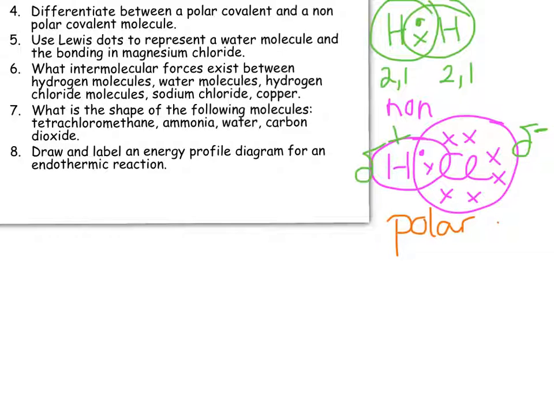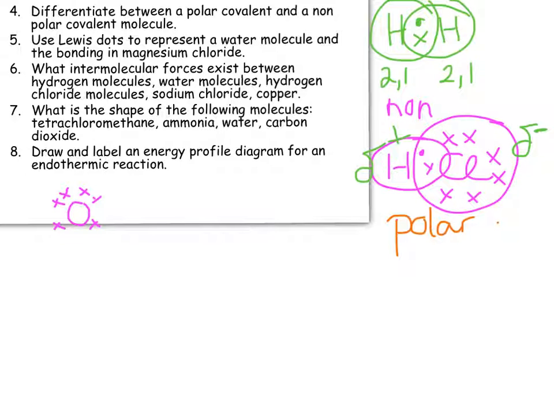If I'm asked to use Lewis dots to represent a water molecule and magnesium chloride bonding, the first thing that I need to do is consider whether they are covalent or ionically bonded. Now, water is between oxygen and hydrogen, so those are both nonmetals. Oxygen has got 6 valence electrons because it is in group 6.